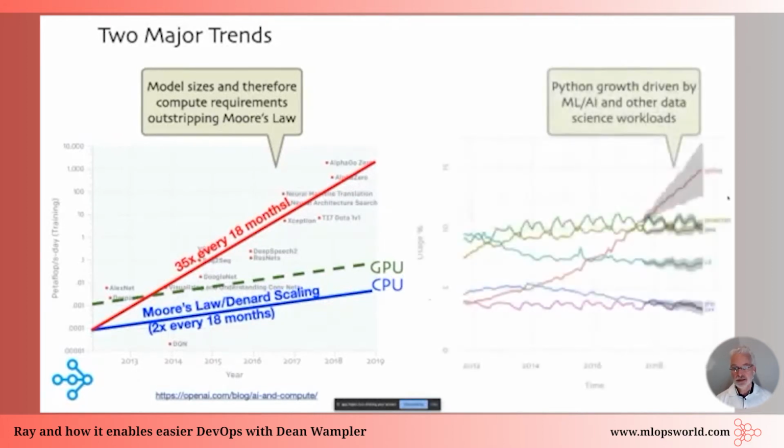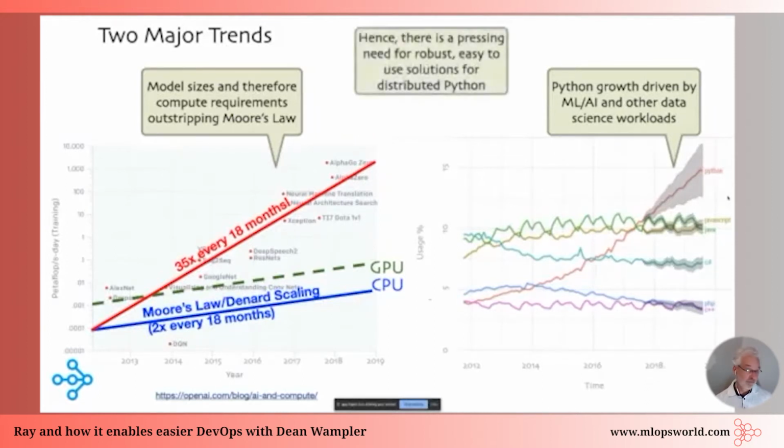The other big trend that kind of drives Ray is the fact that Python has seen enormous growth in the last decade or so, largely driven by data science and related workloads. But Python itself is not a terribly good language for distributed computing. And most Python developers, especially in the data science space, don't really want to have to deal with distributed computing technology per se.